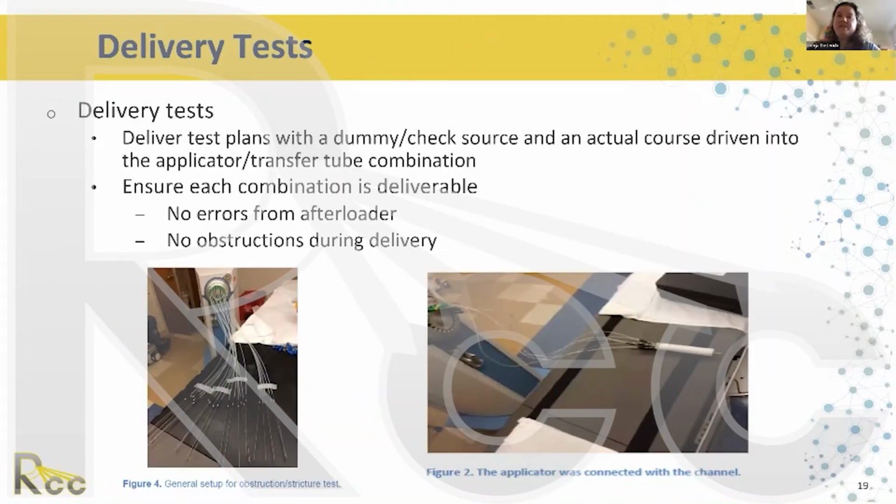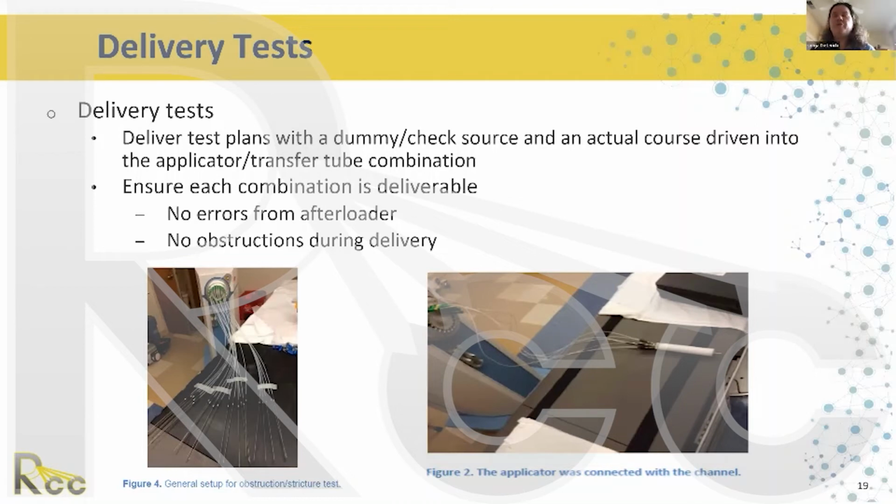So, delivery tests. Deliver test plans with a dummy and check source and an actual source driven into the applicator, and make sure that each combination that you are planning to use clinically is actually deliverable. There are no errors from the afterloader and no obstructions during delivery. I learned on Friday the hard way that it's very important.